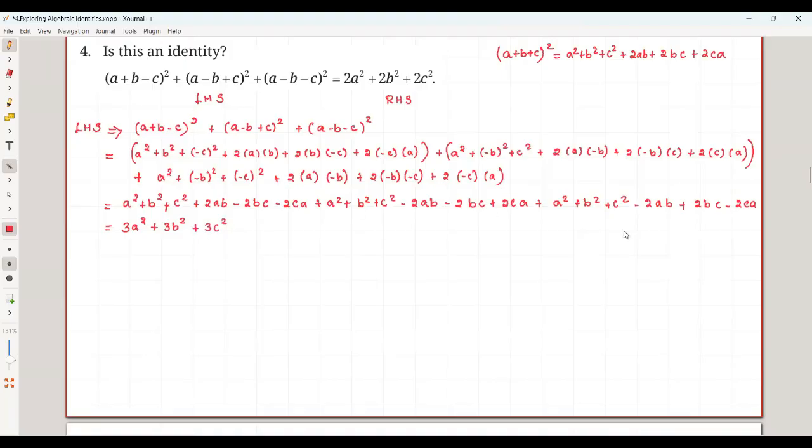Now we have to check whether anything is getting cancelled. Plus 2ab and minus 2ab cancel.